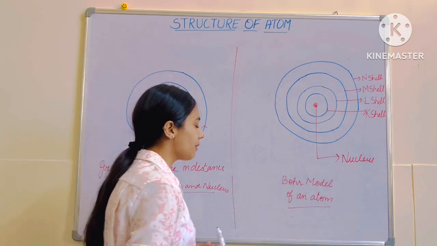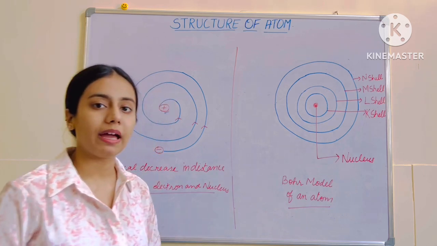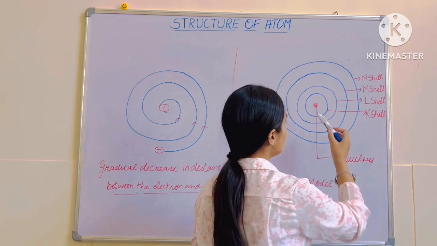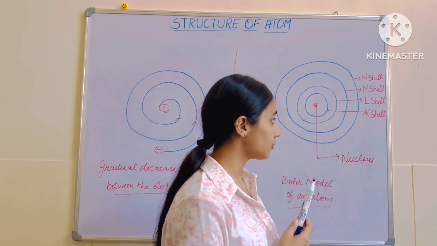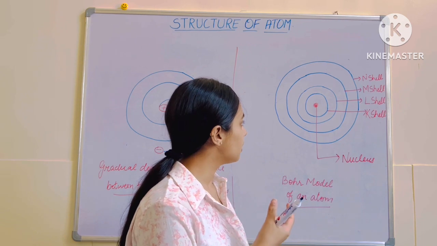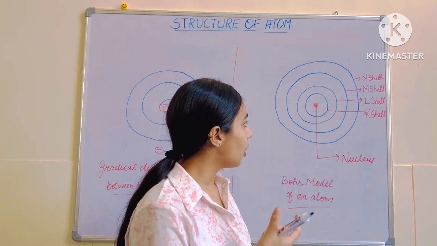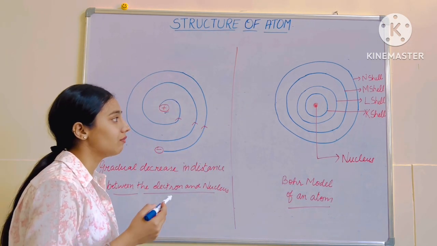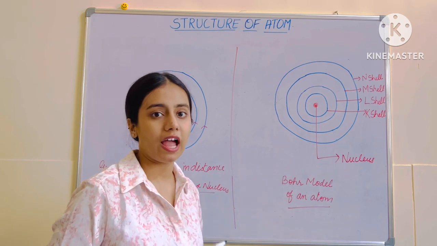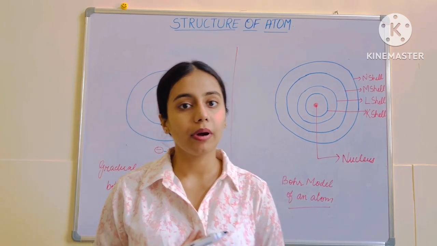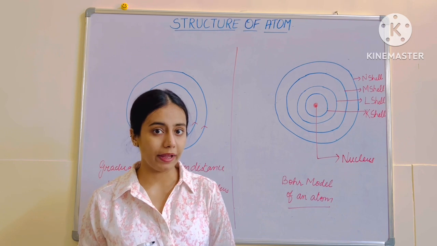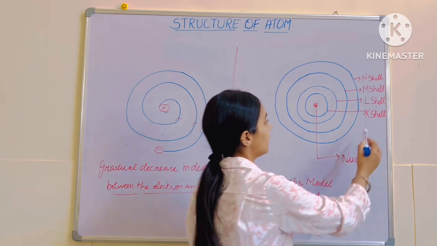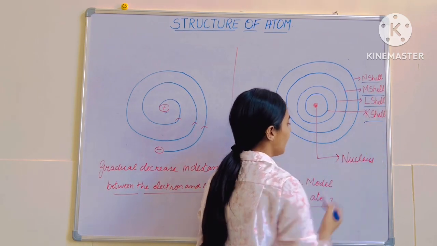and the failure led to the establishment of a new model, which was given by Bohr. Bohr said that the electrons revolve around the nucleus in some special discrete paths, and named them orbits. The electrons revolving in these orbits must have an angular momentum of h by 2 pi or a multiple of h by 2 pi, and he named these orbits the K shell, L shell, M shell and N shell.